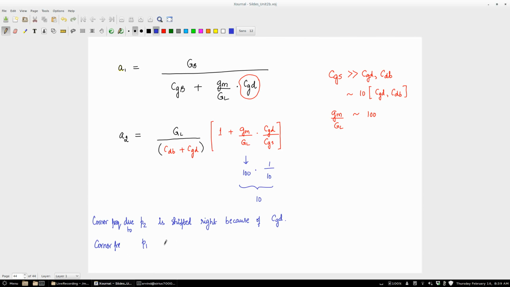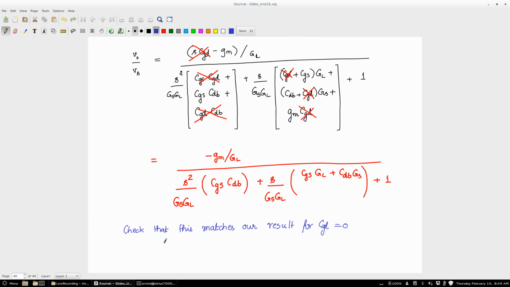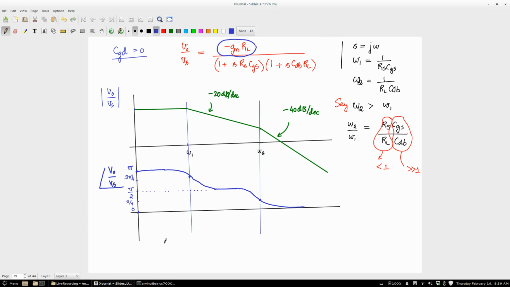Okay, so I should not write this. Instead of pole P2, let me just put this as the corner frequency due to P2, and I'll call this the corner frequency due to P1.